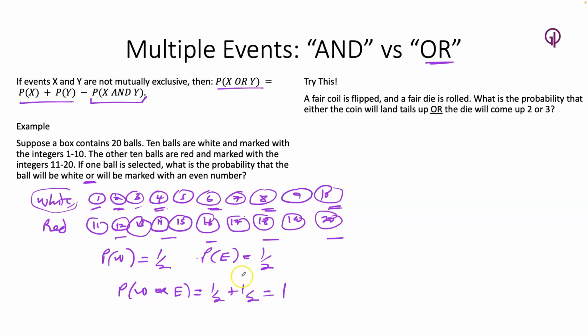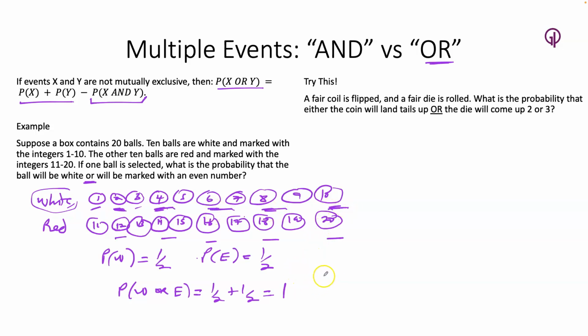However, we know that this is incorrect, because we must subtract out the probability that the ball is both white and marked with an even number. There are 5 such balls out of the 20. So here you have 1, 2, 3, 4, 5.